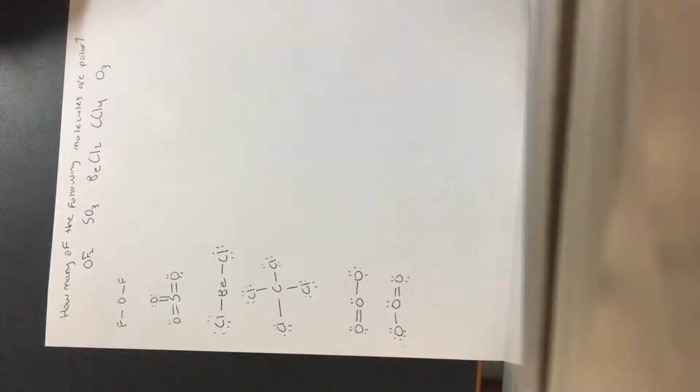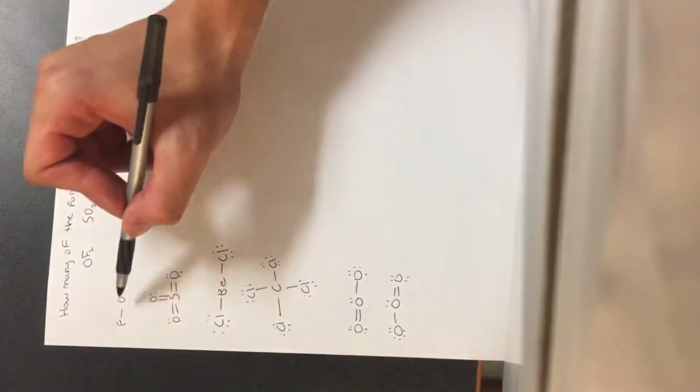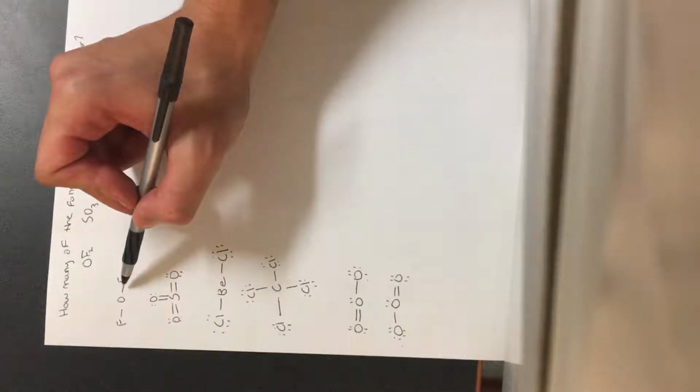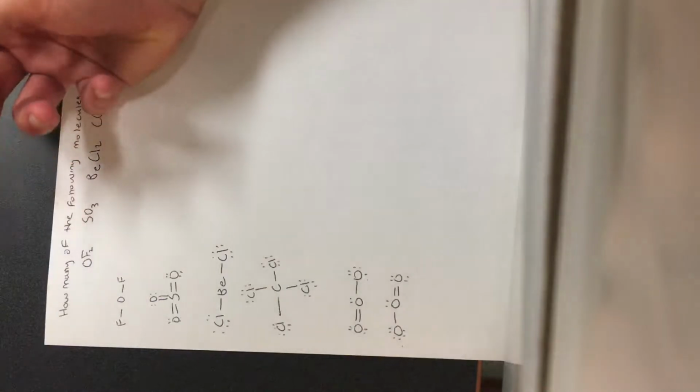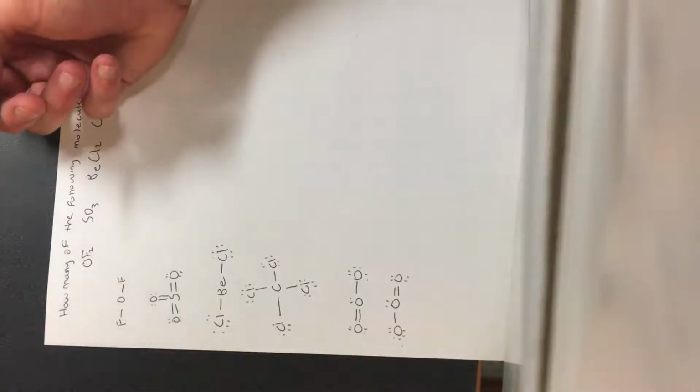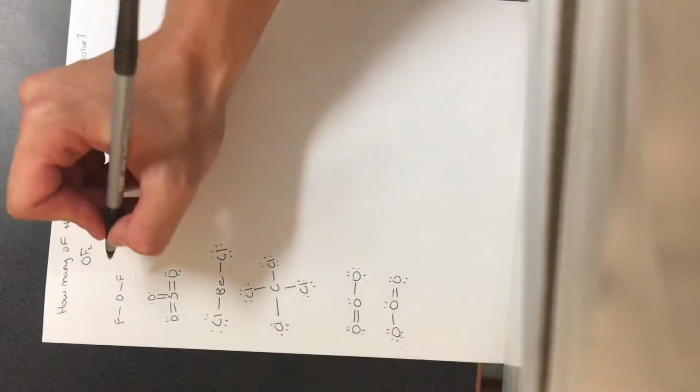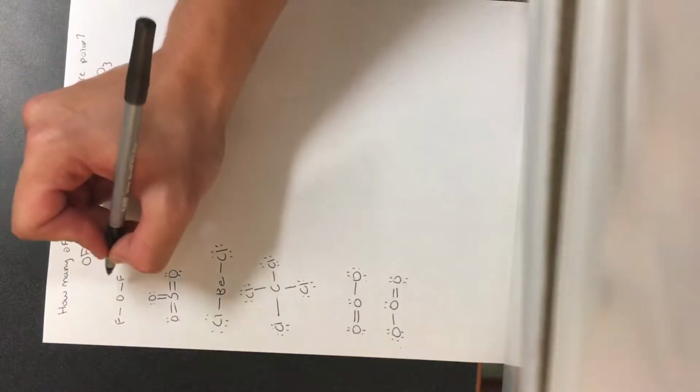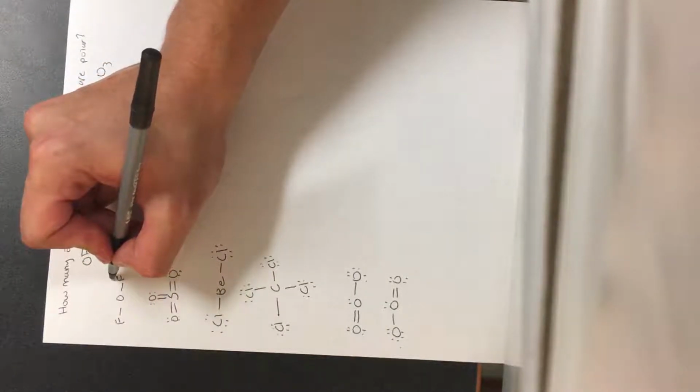And since there's 20, we account for the 2 here and the 2 here, so that brings it down to 16. So now we will draw the rest of them on the outside where the more electronegative element is, because it's more likely to have the electrons.